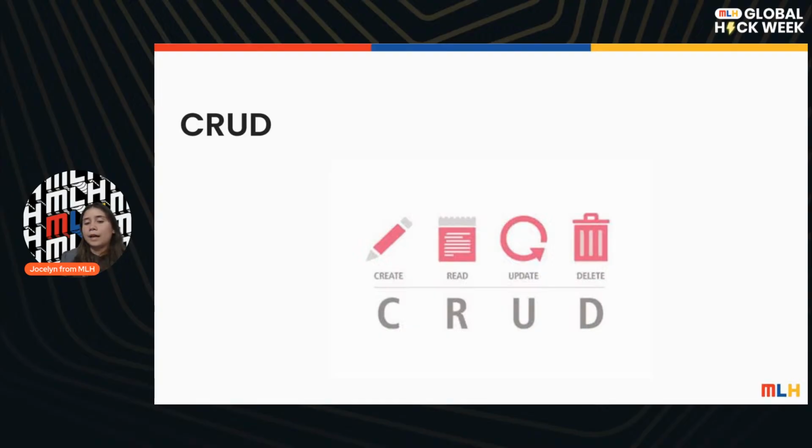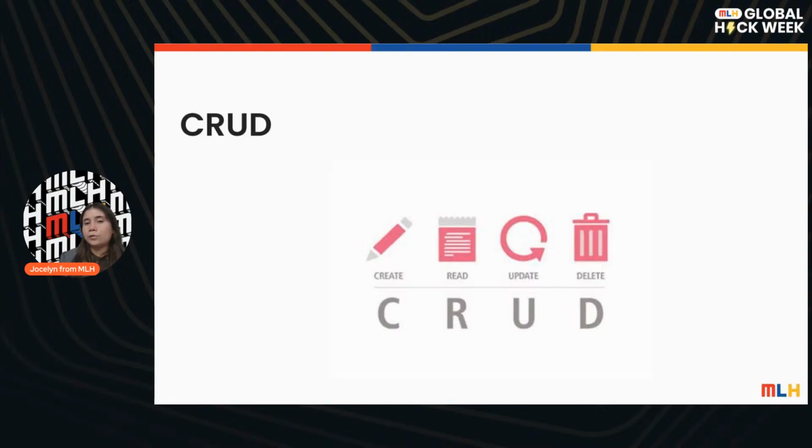It's not like CRUD is a framework or a library. It's nothing like that. It's just a concept. So when you say we are going to build a database that supports CRUD operations, that means that you will be able to create, read, update, and delete data from that database.